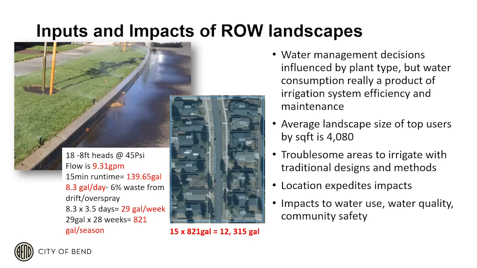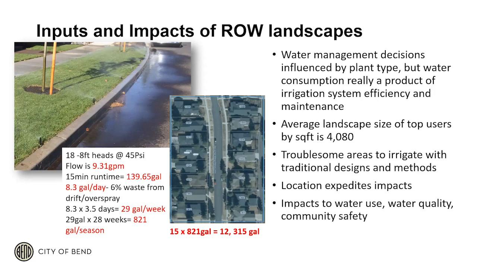So just some quick math: there were a lot of research papers done showing that 6 to 7% of the water applied to the right-of-way is lost through overspray and runoff in systems. That number gets increased even more, all the way up to 50%, with irrigation efficiencies, evaporation, and other environmental factors depending on the time of day that they water.